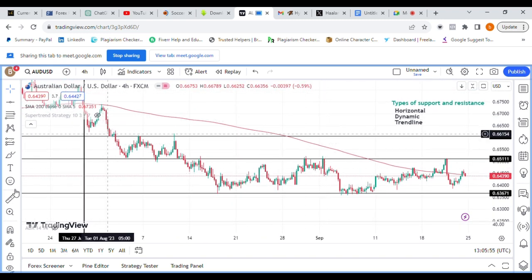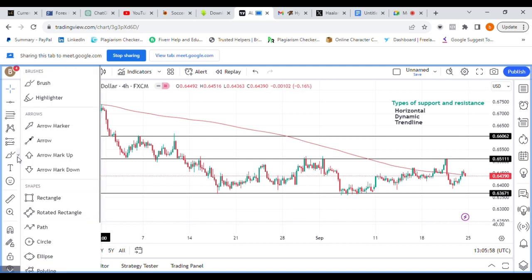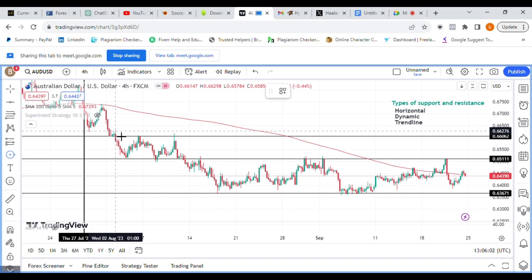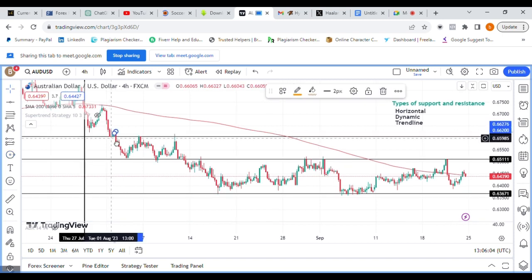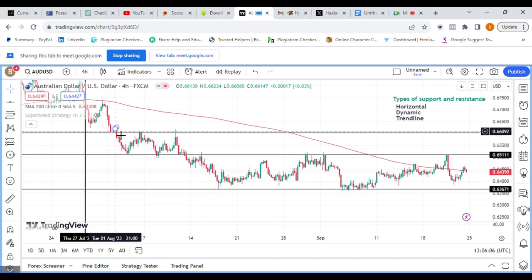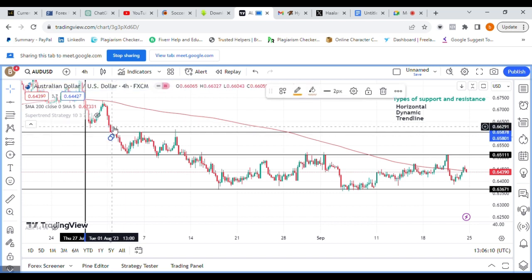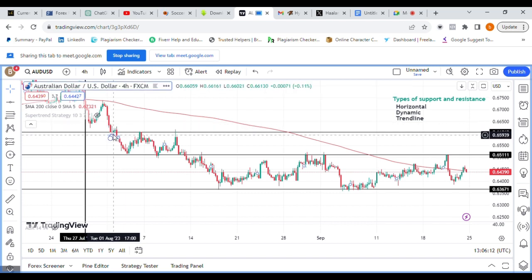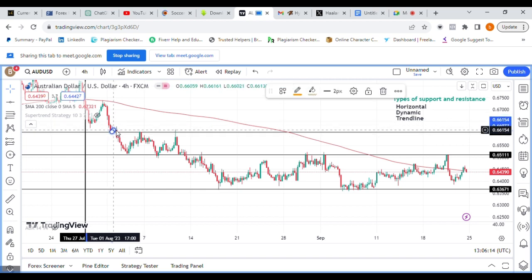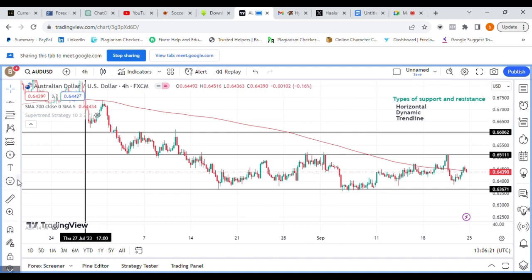Now this point here, this point one, this is where the market was. The market was a support here at this point.